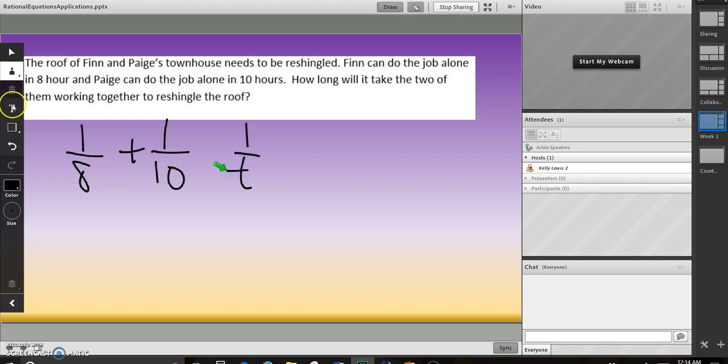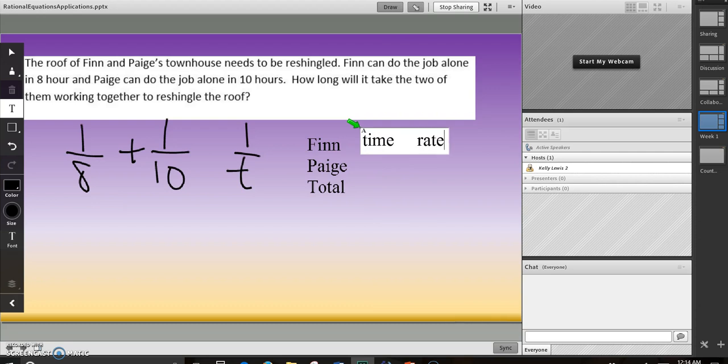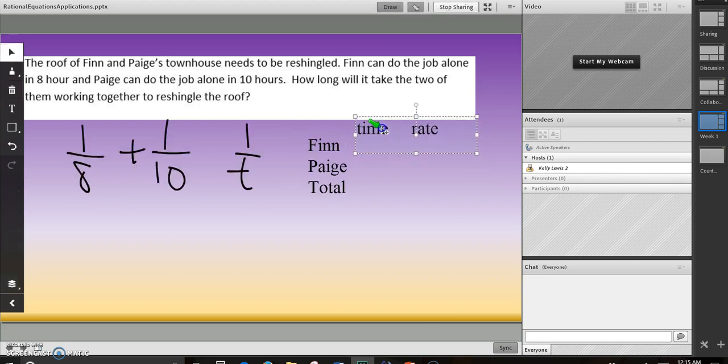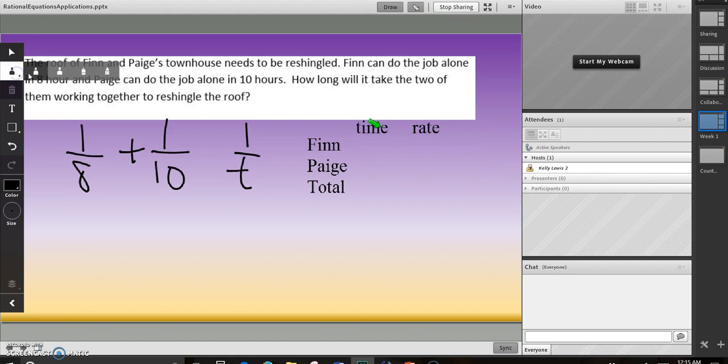Now, let me make this chart for you: Finn, Paige, total, and time.